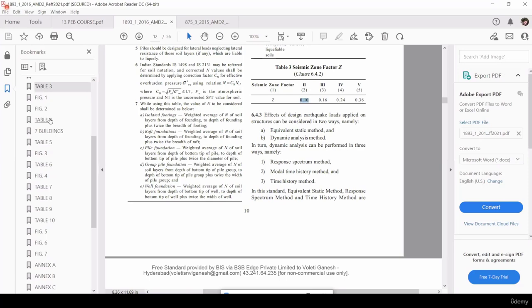Yes, so this is the height of the building. They have provided one figure to find out the height. See, figure number 5 they have mentioned, right? So let us go to figure number 5 and see what they have shown in the code. So this is the frame.